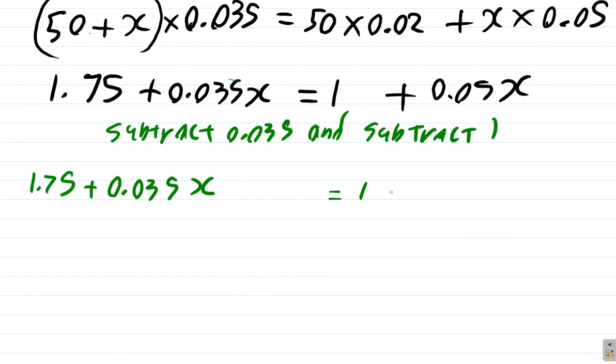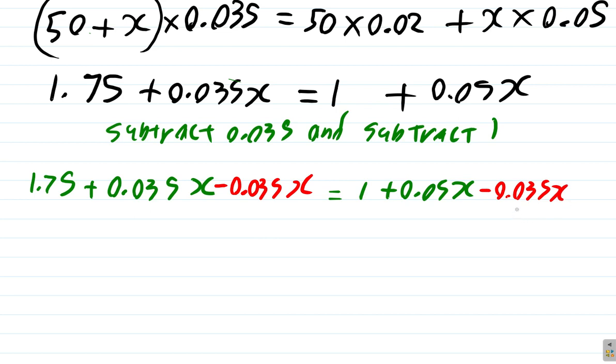Equals 1 plus 0.05x. So now, we subtract 0.035x from both sides, so we minus 0.035x. And I also said we subtract 1. Subtract 1 over here. Now, let's put them all together and see what happens.